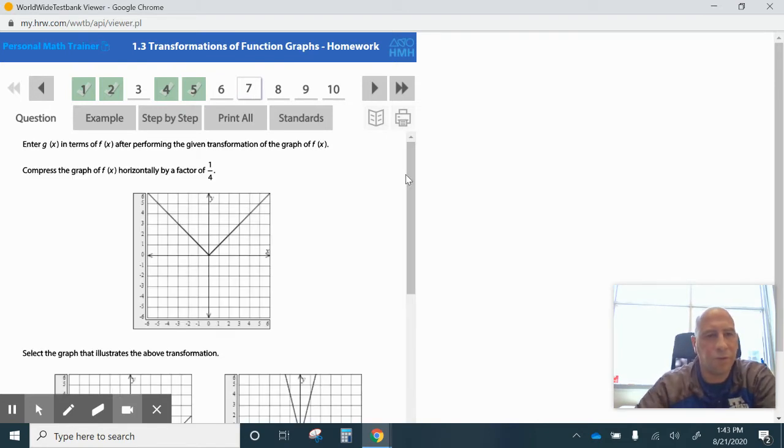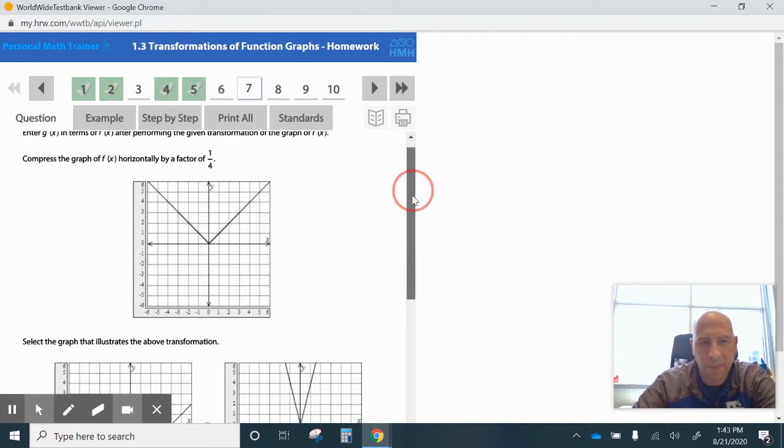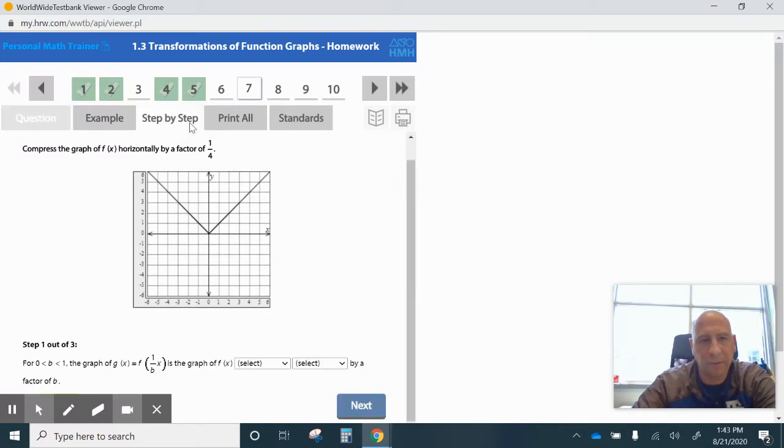All right. Enter g of x in terms of f of x after performing the given transformation of the graph of f of x. Compress the graph of f of x horizontally by a factor of 1/4. Okay. And let's see what the step-by-step says for this. Okay.